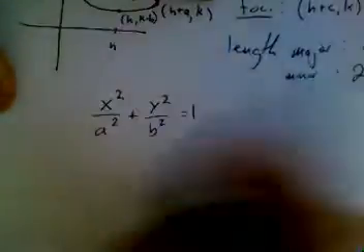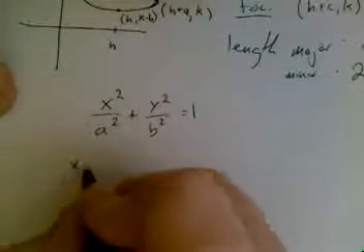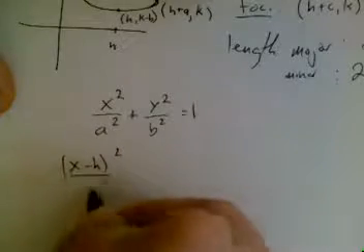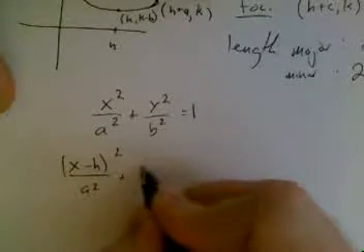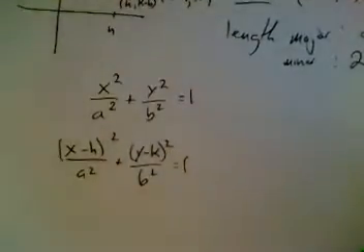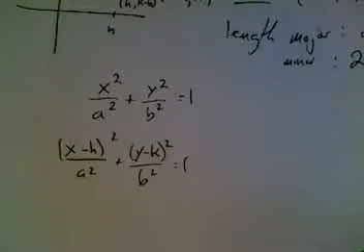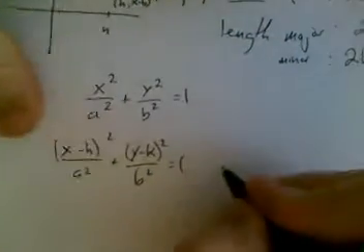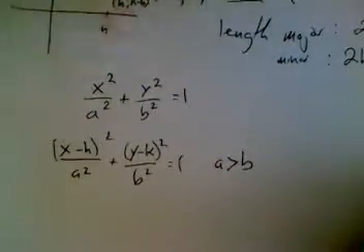Well, now, if I want to shift these values around, I'm going to have (x minus h) squared divided by a squared plus (y minus k) squared over b squared equals 1. Now, this requires a specific situation. Okay, the situation it requires is the fact that a is greater than b.